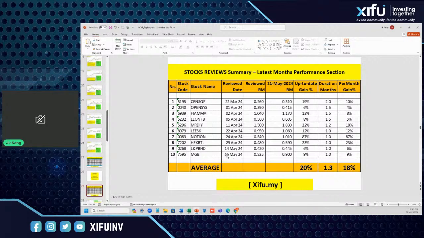All these stocks have been performing from when they were reviewed until today. They have gained about 20% on average, in less than a month, because May 15 is probably less than 1 week away, so I counted it as a 1 month period. It could have gone up about 18% on average.